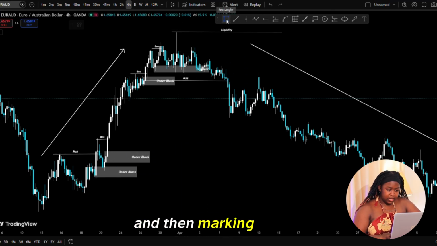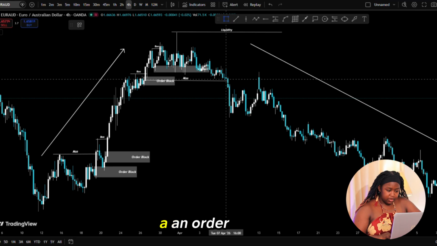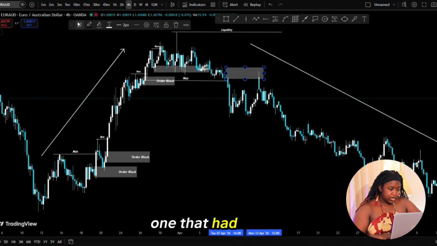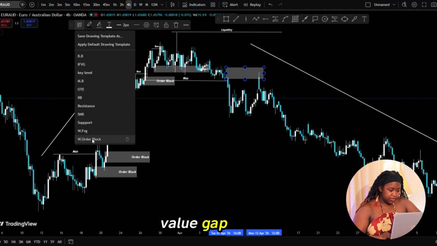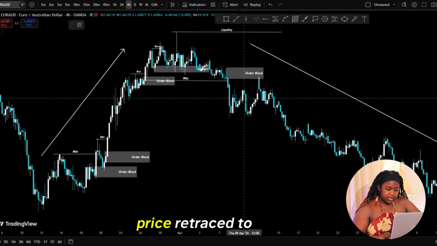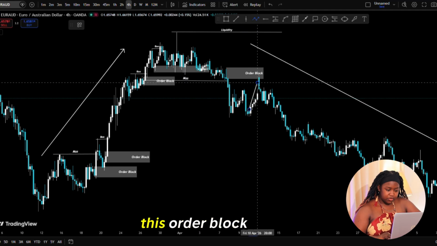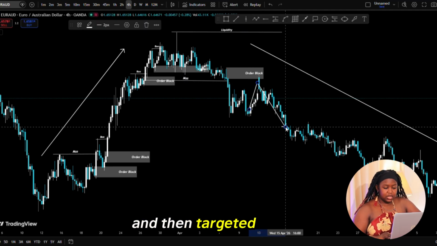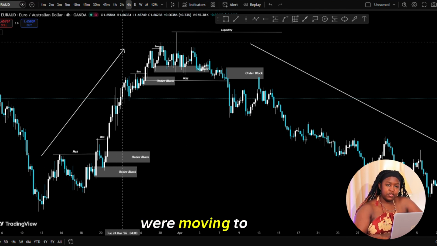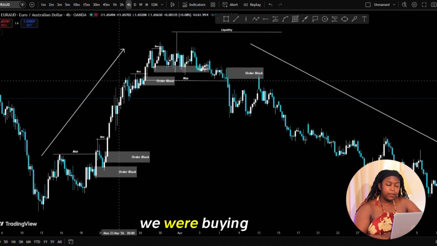and then marking a break of an order block right here, because it's the one that had a clear fair value gap. So that's an order block, and as you can see guys, price retraced to this order block and then targeted sell. So from this side, because we were moving to the upside, we were buying.